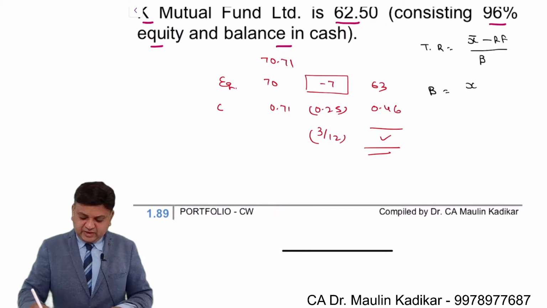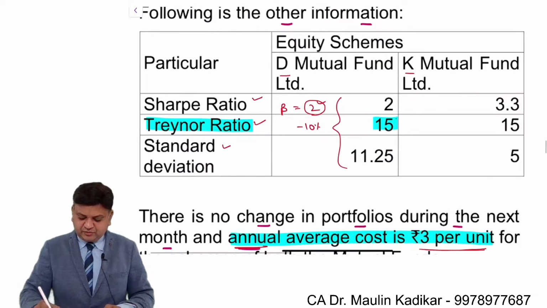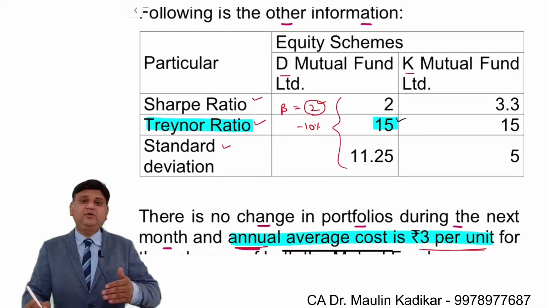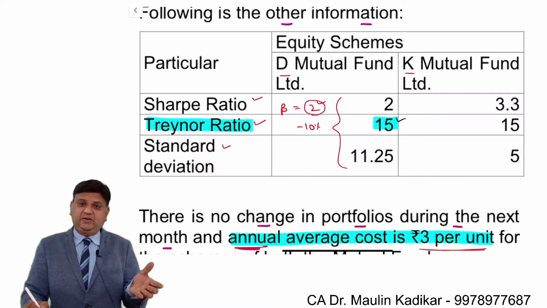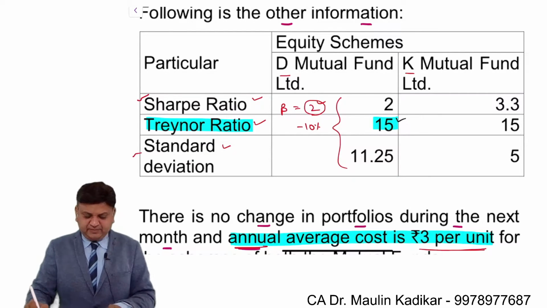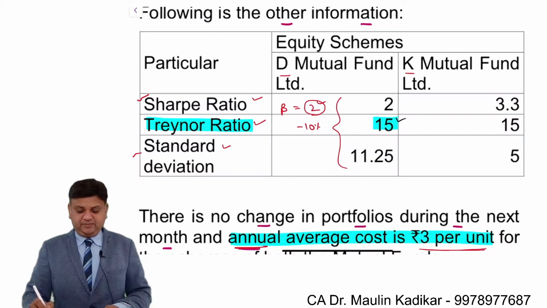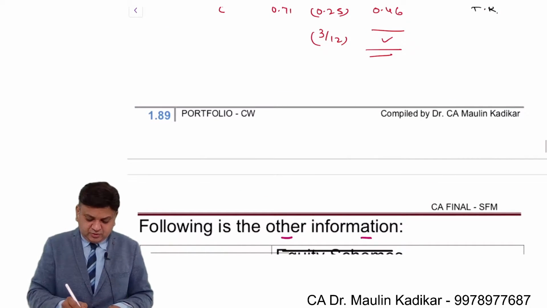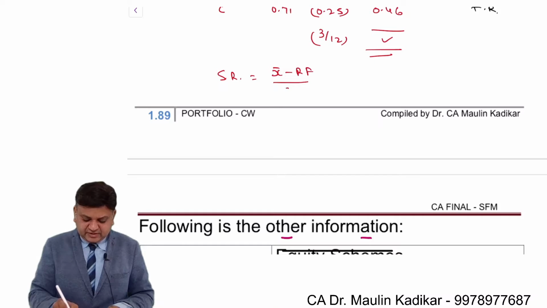So beta is equal to Rp minus Rf divided by Treynor's ratio. We have Treynor's ratio of 15. However, we do not have Rp minus Rf right now. At the same time, information is provided regarding the Sharpe ratio and standard deviation. So, dear students, Sharpe ratio is equal to Rp minus Rf divided by standard deviation.